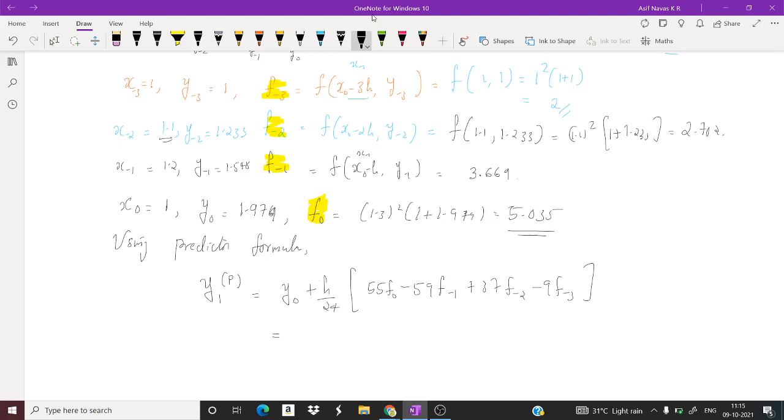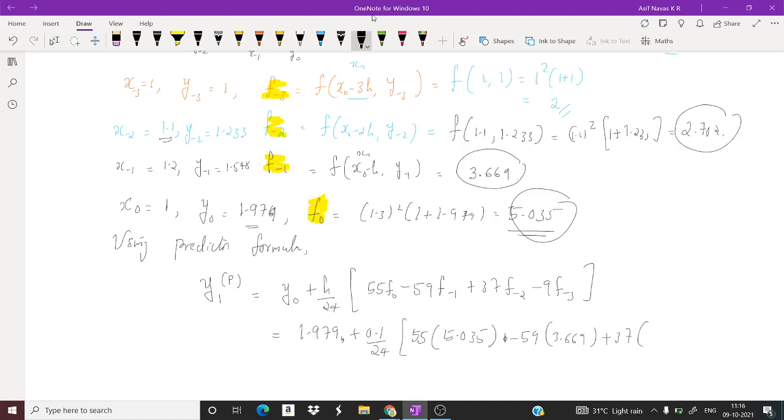Y0 we already got, 1.979, plus h 0.1 divided by 24, 55 into f0, which is 5.035, minus 59 into f minus 1, 3.669, plus 37 into f minus 2, 2.702, minus 9 into f minus 3, which is 2.